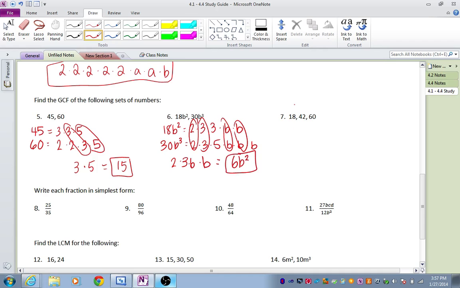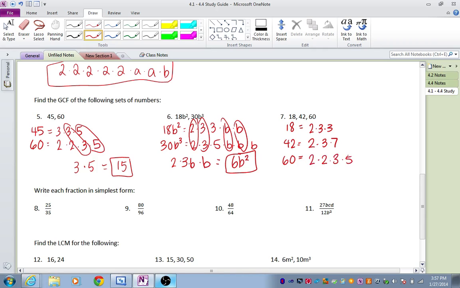Now we're dealing with three numbers. 18, well that was over here, so I'm going to say 18 is 2 times 3 times 3. 42 is 2 times 21. 21 is 3 times 7. And 60, well that we did over here in number 5, so 60 is 2 times 2 times 3 times 5.